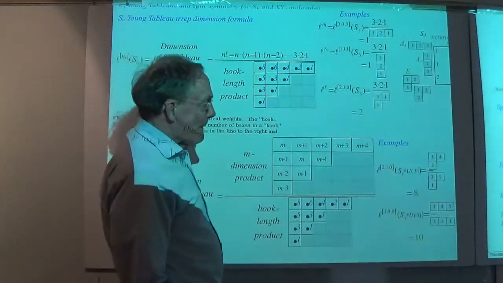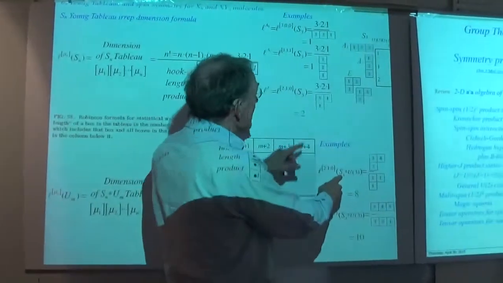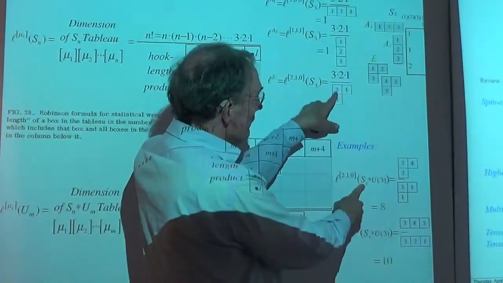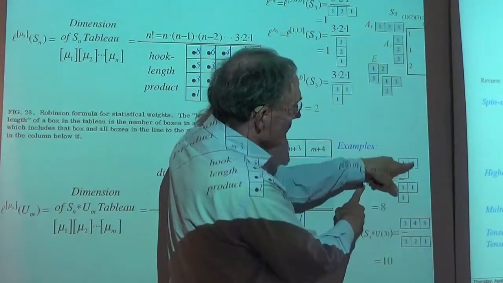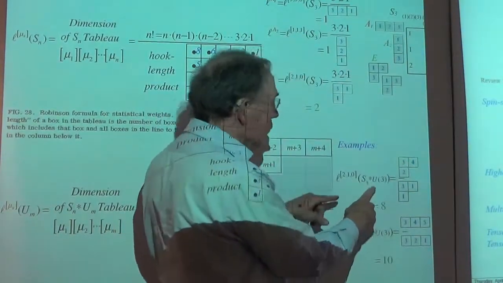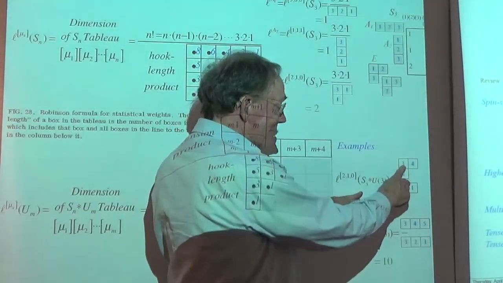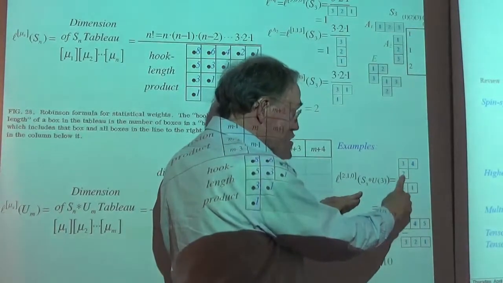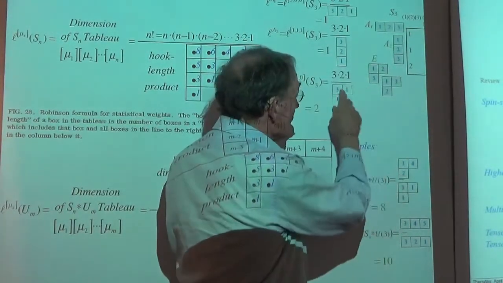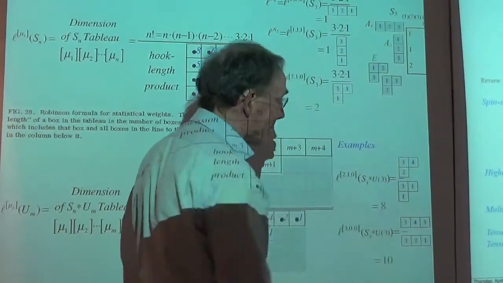For example, instead of getting a 2 here that we get with factorial, we take this product. It's U3 we're interested in. So I put a 3 in there, and then it has a 4 there, and I go down by 1, that's a 2 there. There are my hook lengths that I used up here. The 3's cancel, and I'm left with 8.